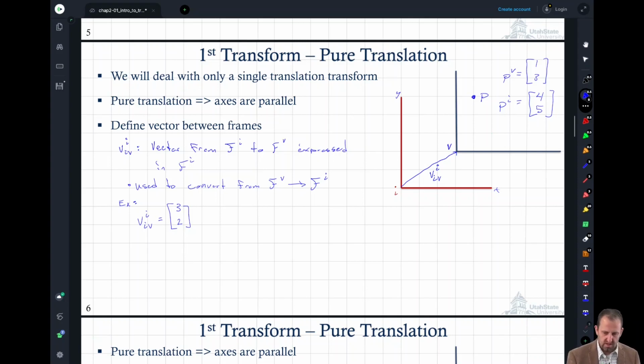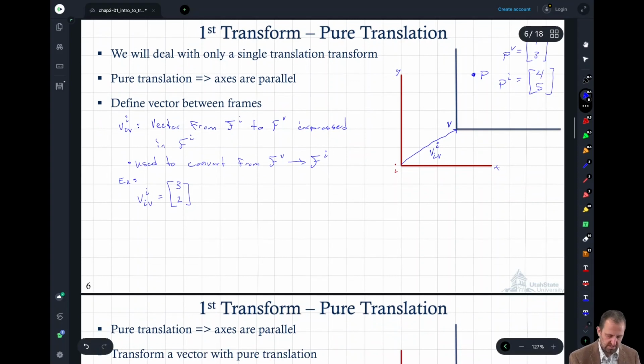Okay, so we have our P_V defined. Say we know what P_V is equal to, then how do we describe what is P_I? So we basically want to form that transform.